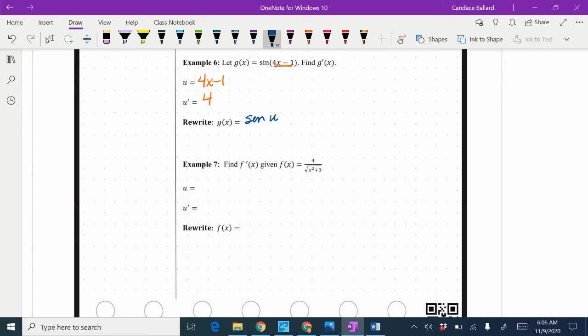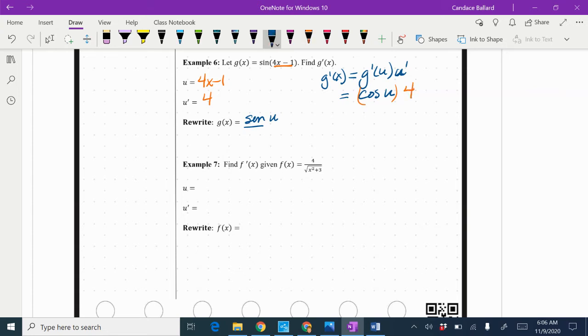of u. Now I'm going to go ahead and take the derivative, g prime of x, and I know that that is the derivative of the outside function evaluated at u times the derivative of the inside function u. So the derivative of sine of u would be cosine of u, and then the derivative of my inside function we already know is 4.